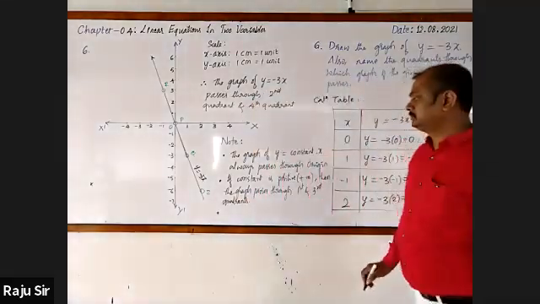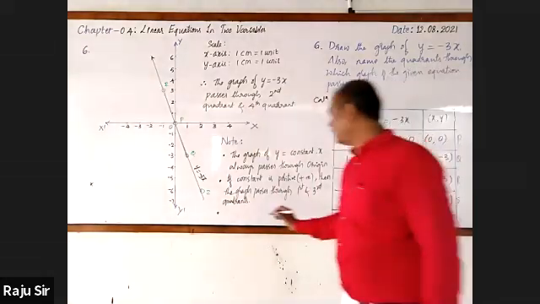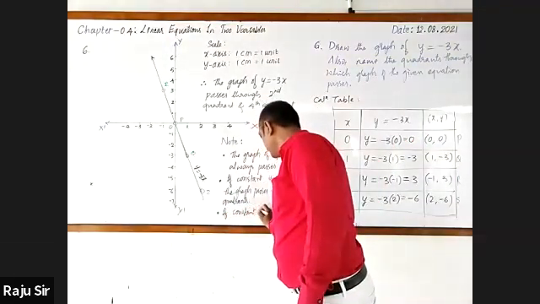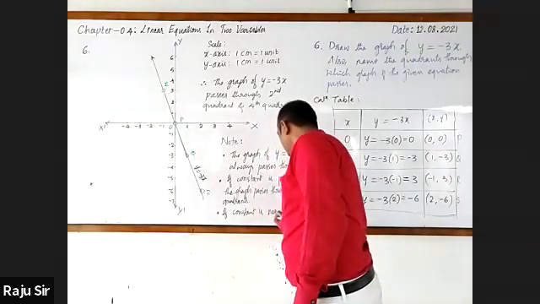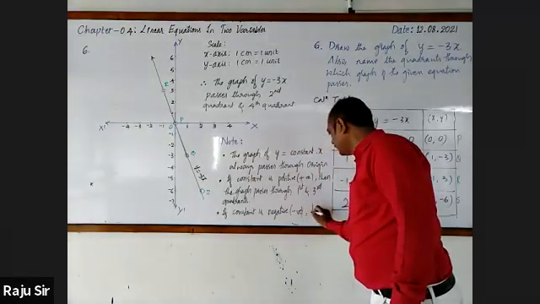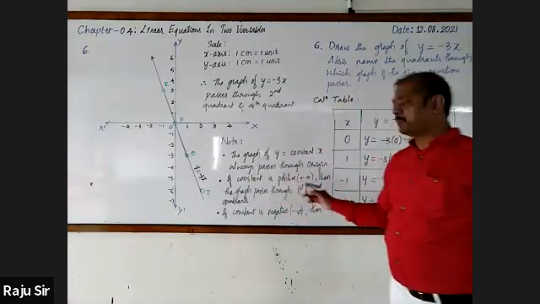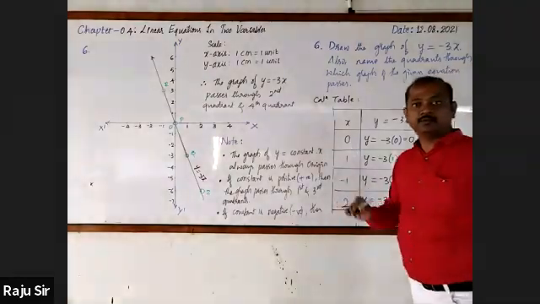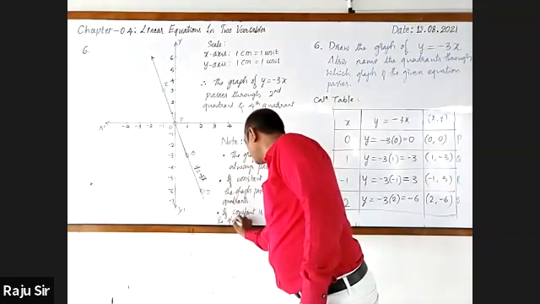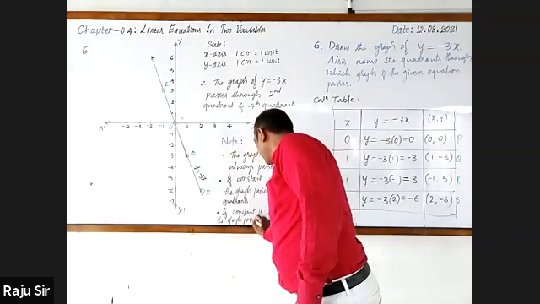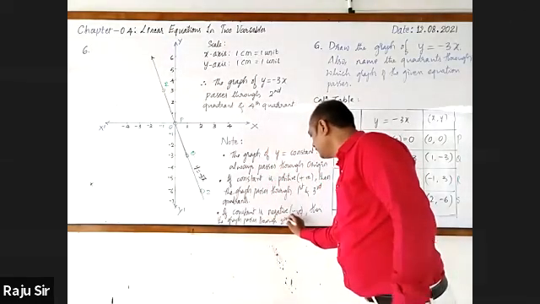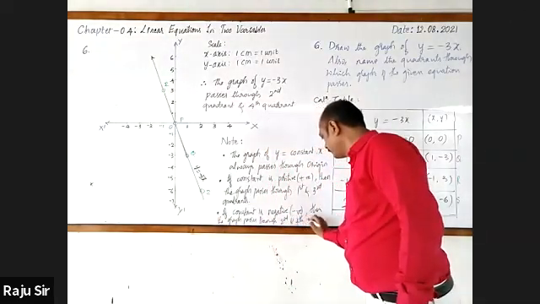Next one: if the constant is negative, then the graph passes through the second and fourth quadrants.